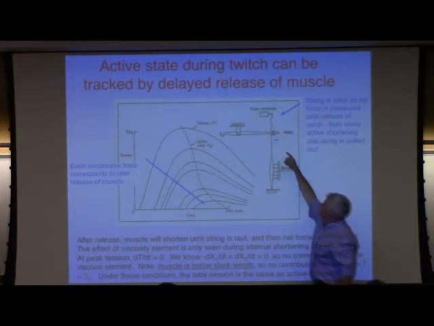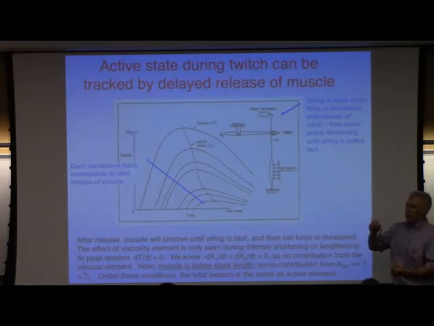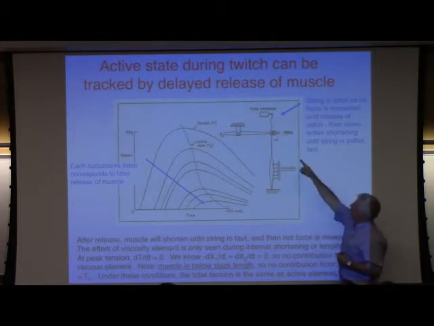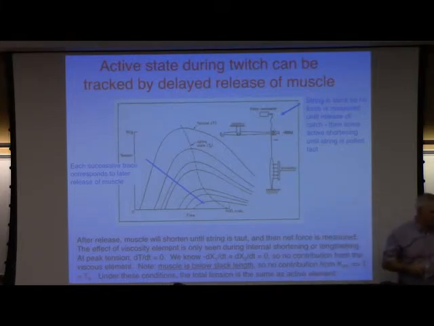It's going to shorten for a little bit, but then it's going to stretch that string out. And once the string gets taut, you're going to measure the force. So you activate the muscle with the twitch, and then you pull that catch at variable times, and what you get is this sequence of curves here.